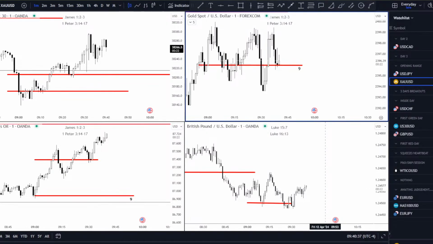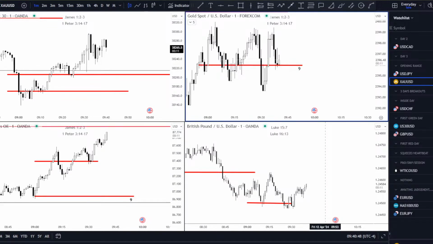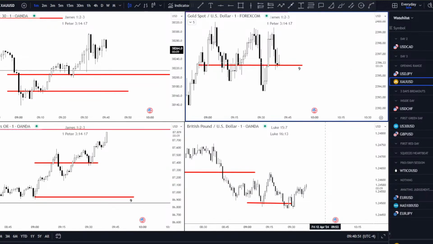I agree. Gold is very messy. Silver looks to be a little bit better right now, or like it could turn into something better.